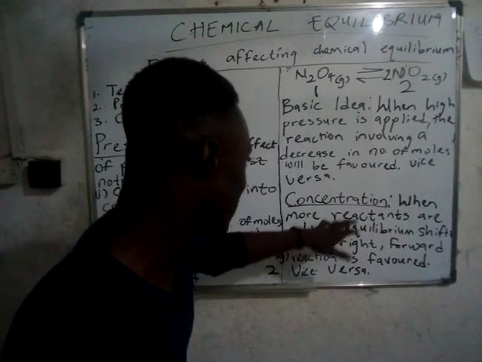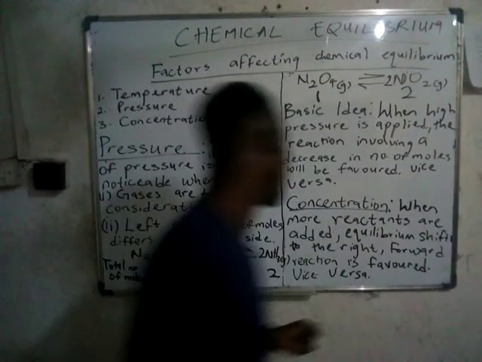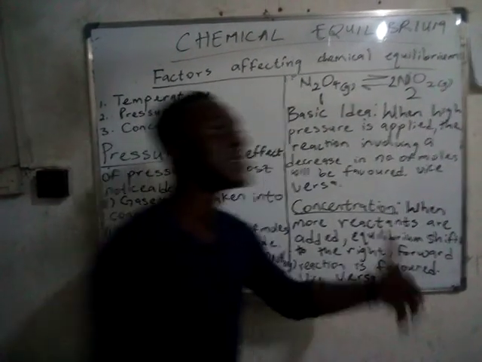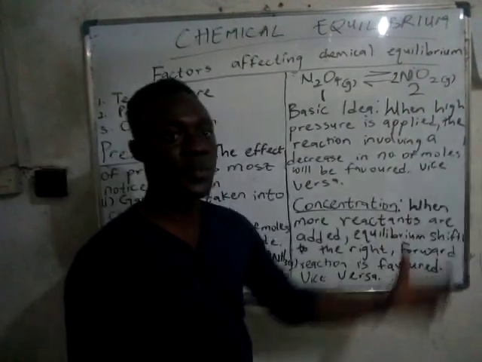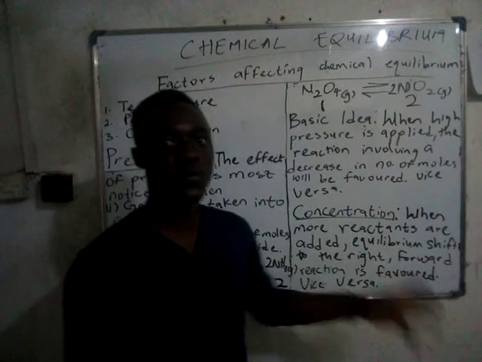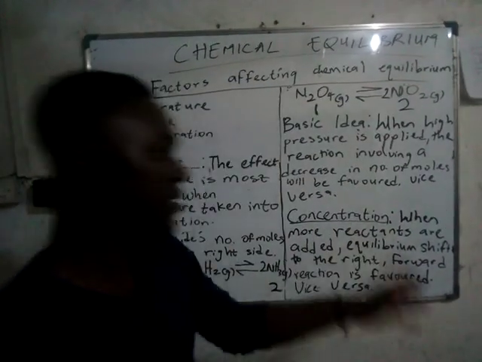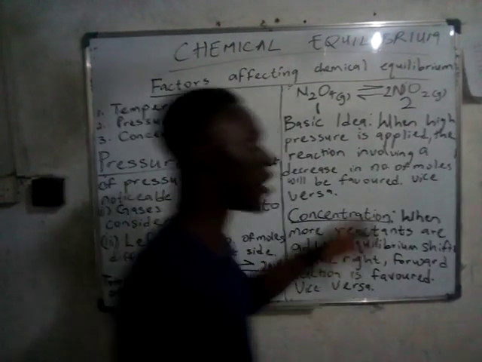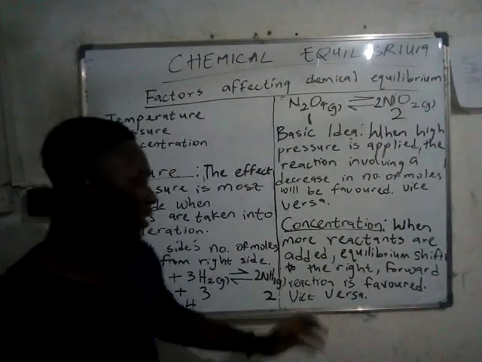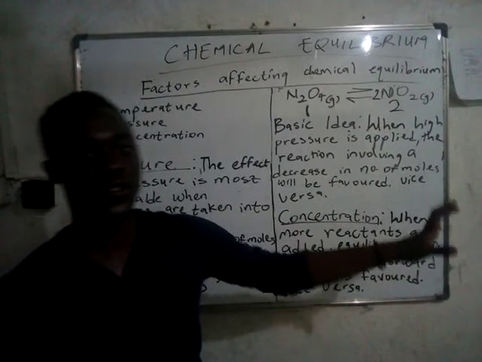Now, what this is trying to tell us is that when more reactants are added, when you increase the concentration of the reactant, say to 10 moles per dm cube from 5, the forward reaction is going to be favored, and the equilibrium position is going to shift to the right, and vice versa. So the equilibrium position will shift to the right, which is the side of the product, in order to favor the forward reaction from occurring.